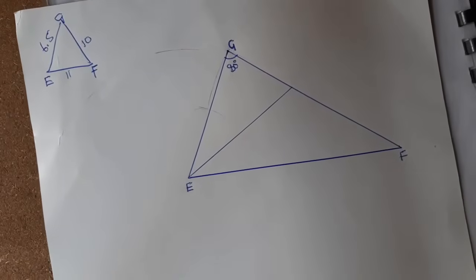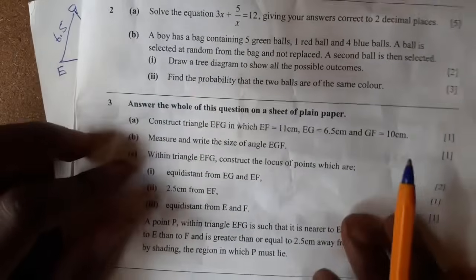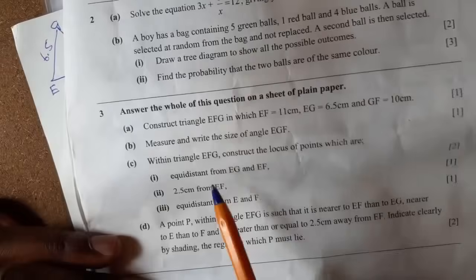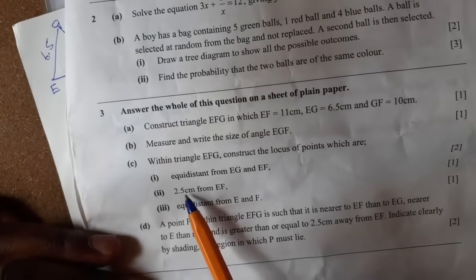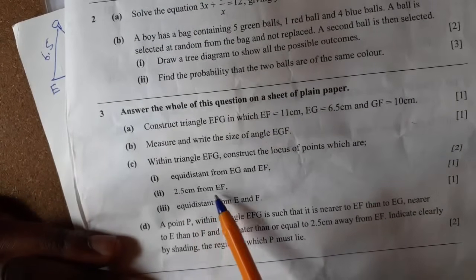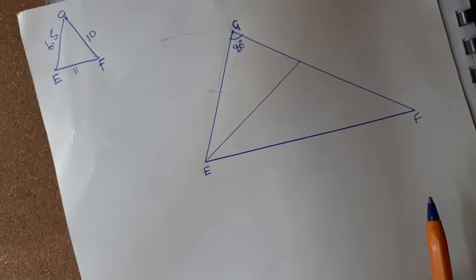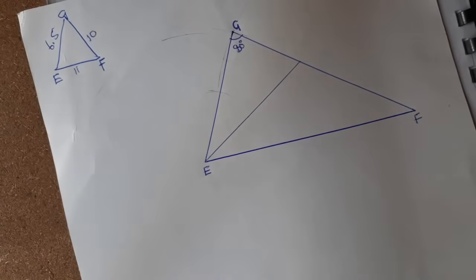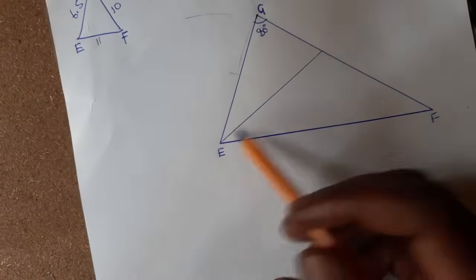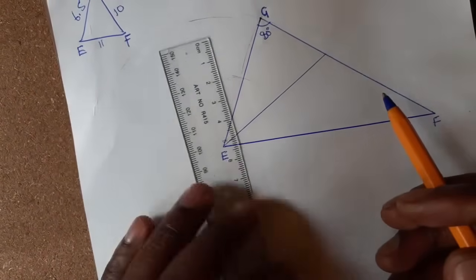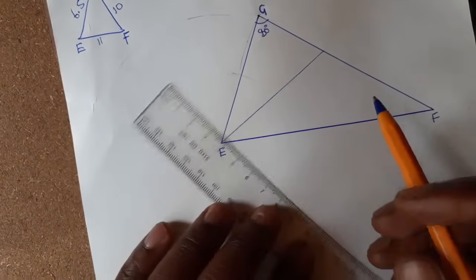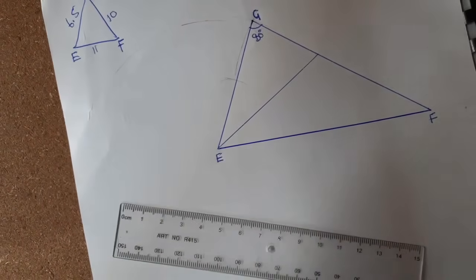Then the second one is 2.5 centimeters from EF. Okay, so here there are 2 ways that we can do it, let's just get this one.